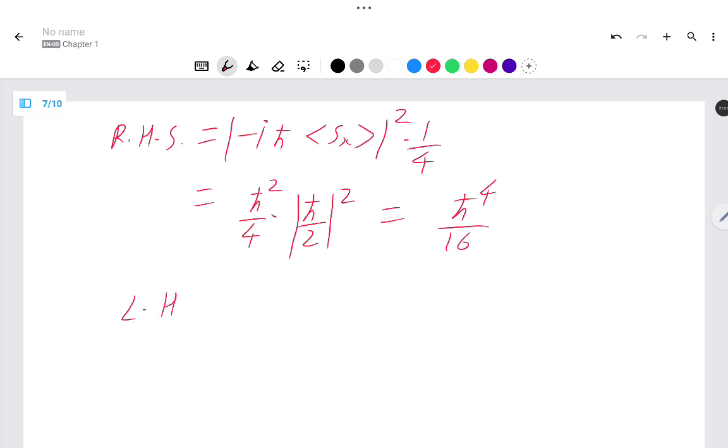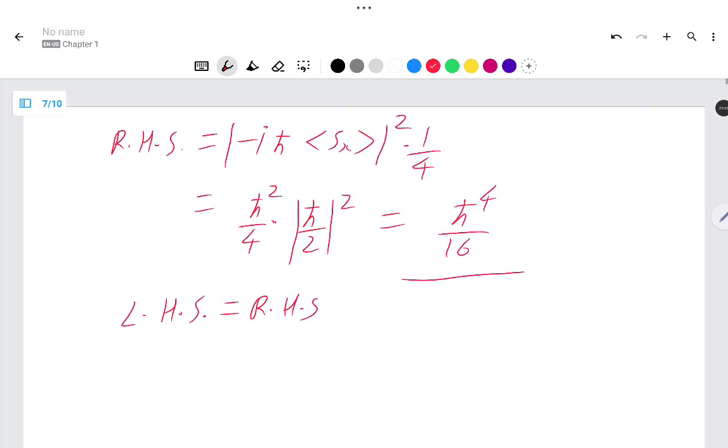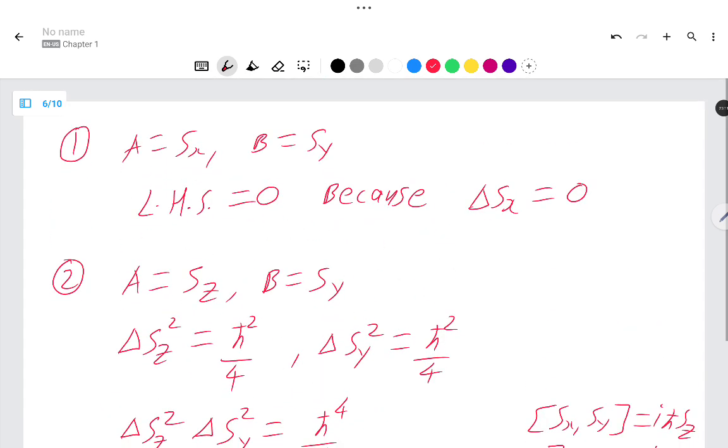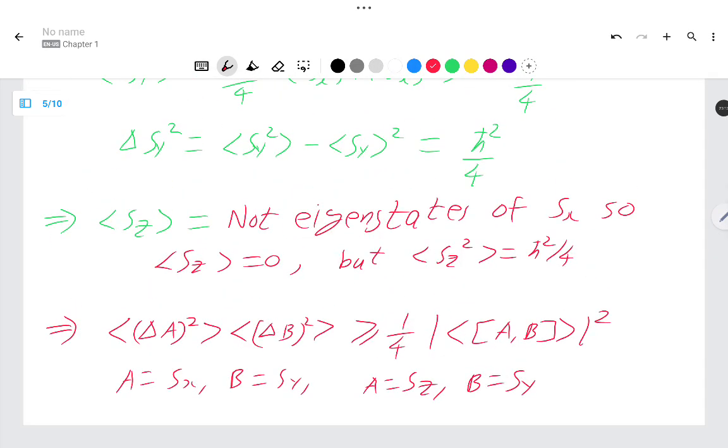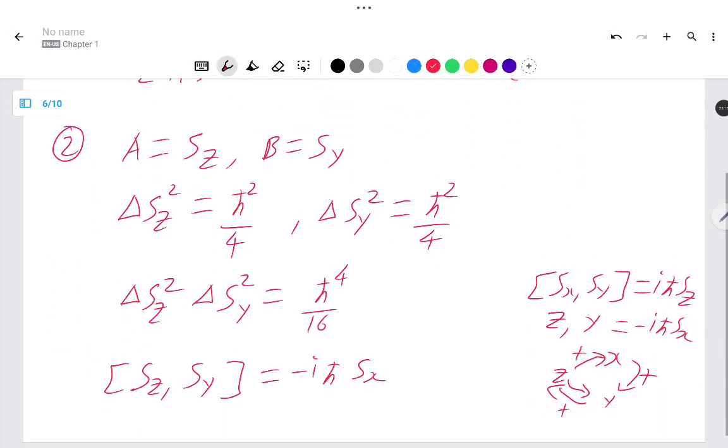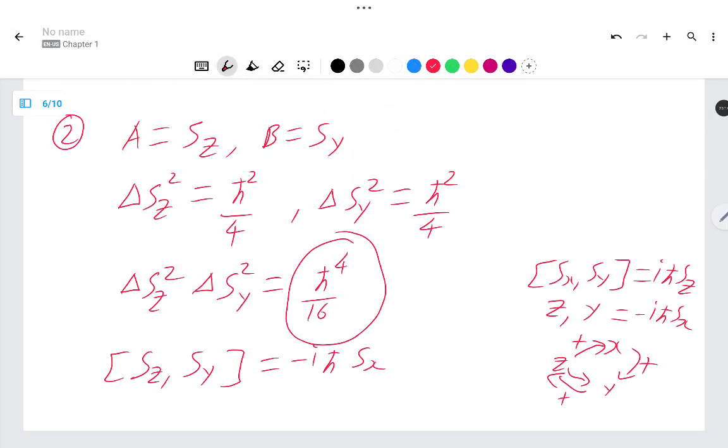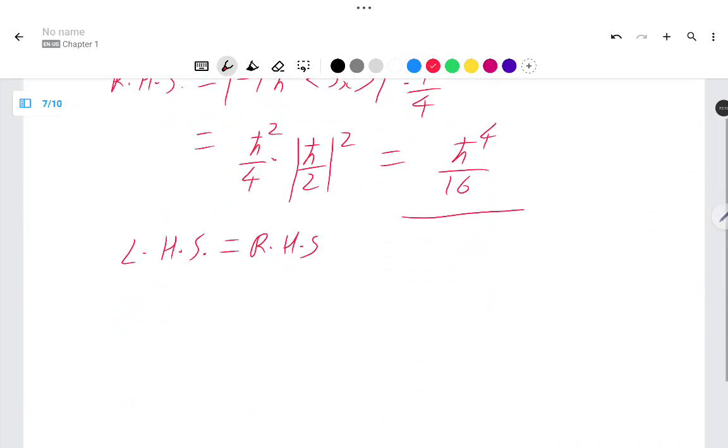So they saturate each other. Both sides are the same. So we have verified the relation.